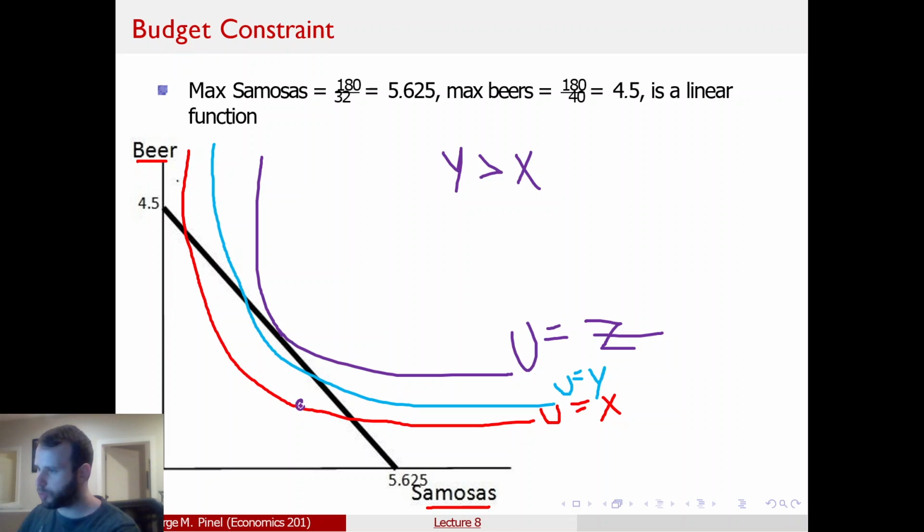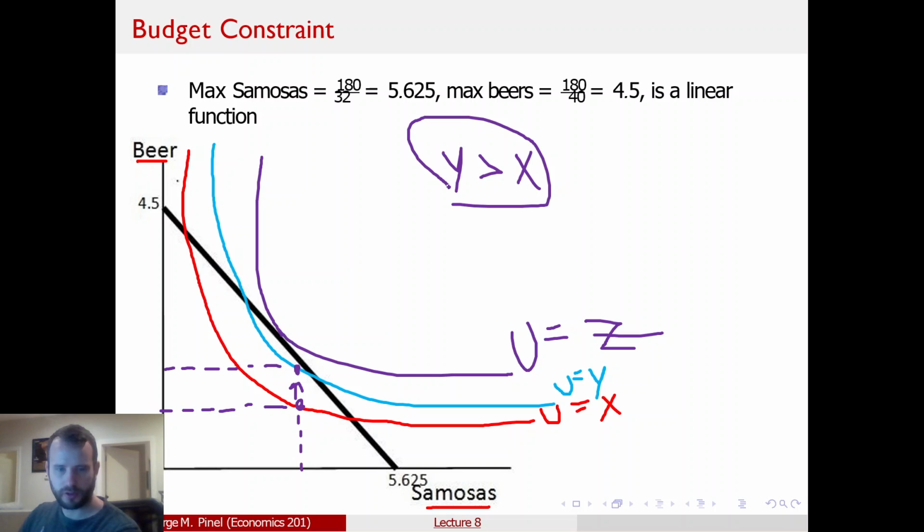So going from this point to this point, Abby is consuming the same amount of samosas, but he's consuming more beers. And those extra beers net him extra utility, right? So he's going from utility X to utility Y. So you can definitely say that Y is greater than X.